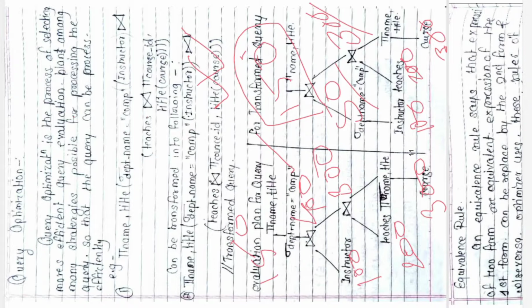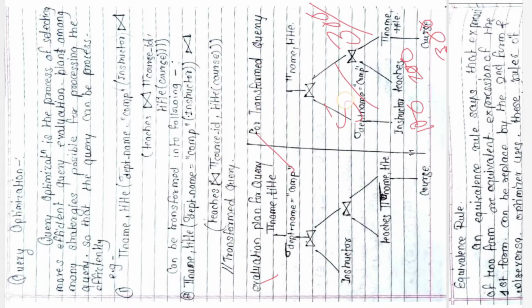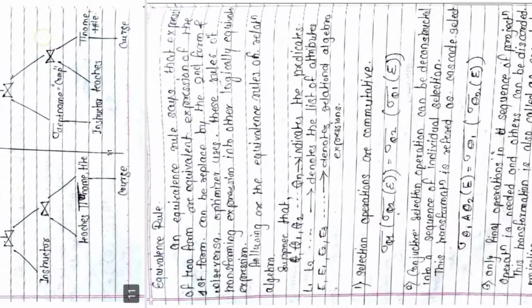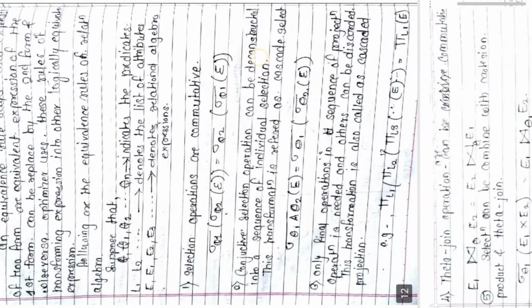Now there are some rules by which the query optimization will get performed. So those rules I am going to talk about. They are called equivalence rules, right?